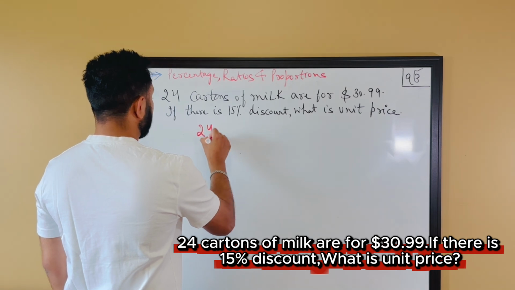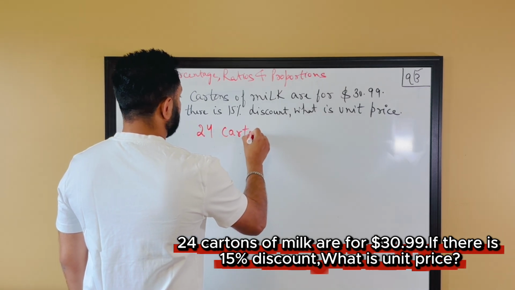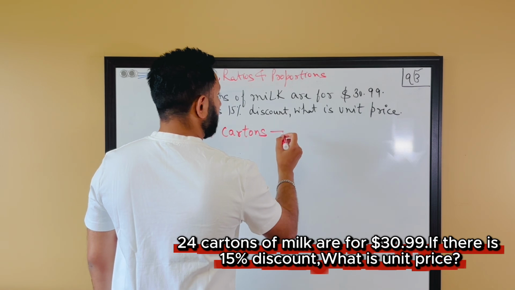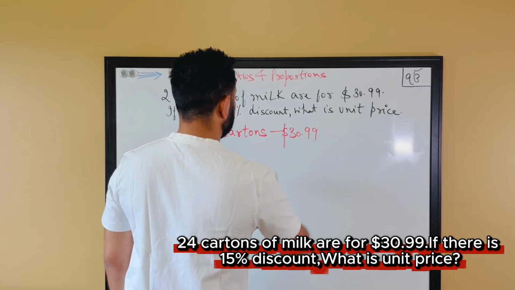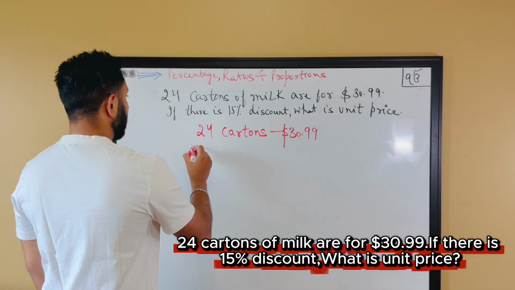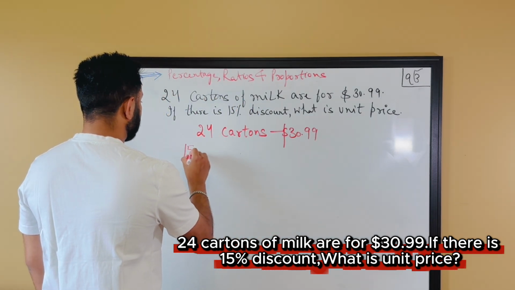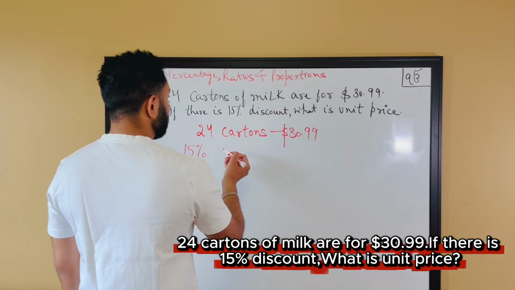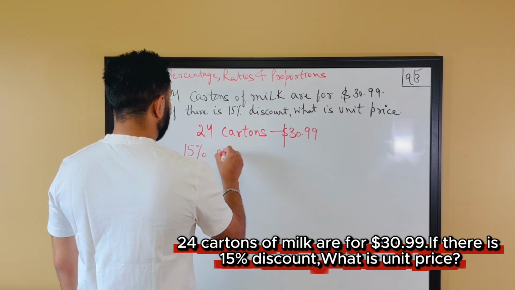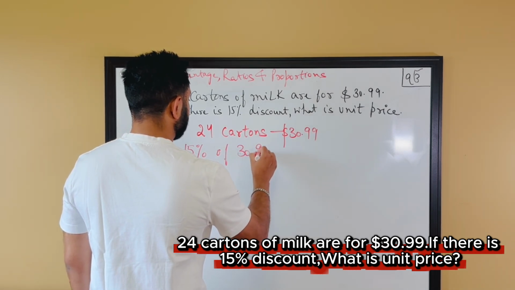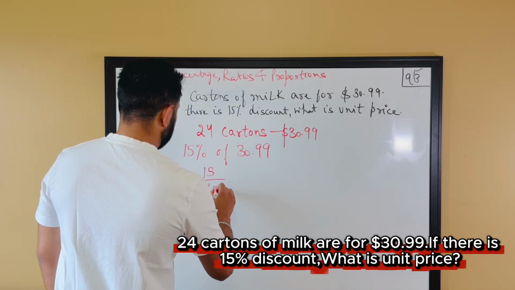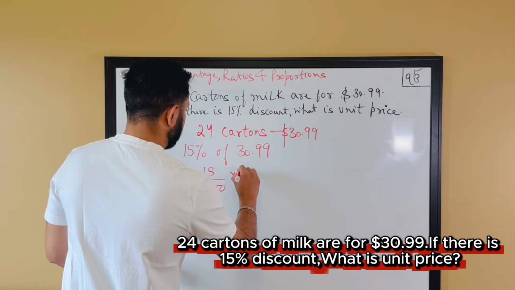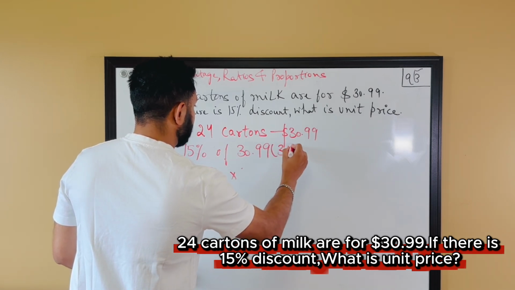So the 24 cartons have a $30.99 price, and there's a 15% discount. So that means 15% off $30.99. So we can write it down as 31 by rounding off.